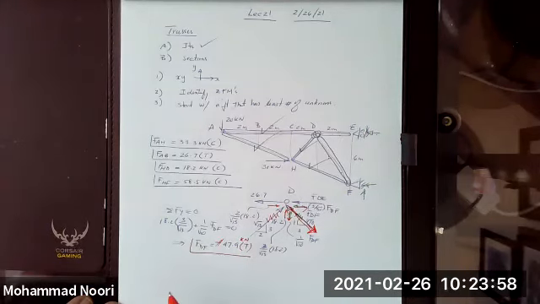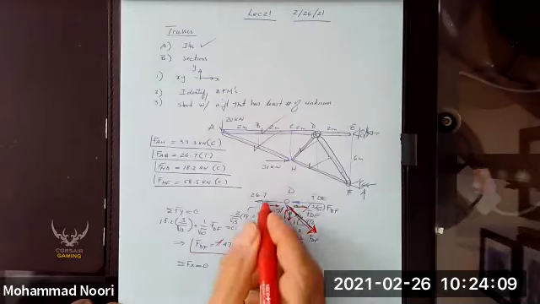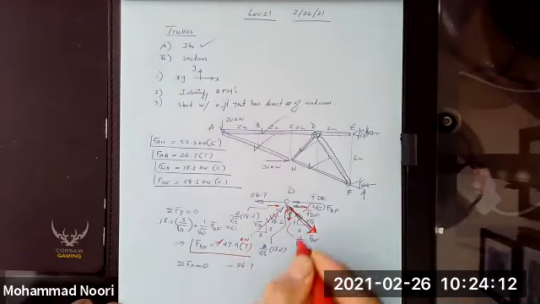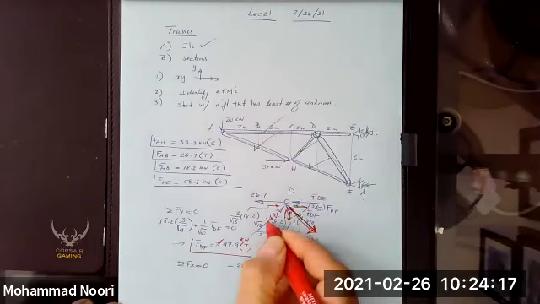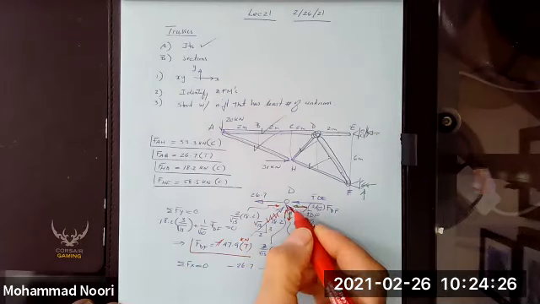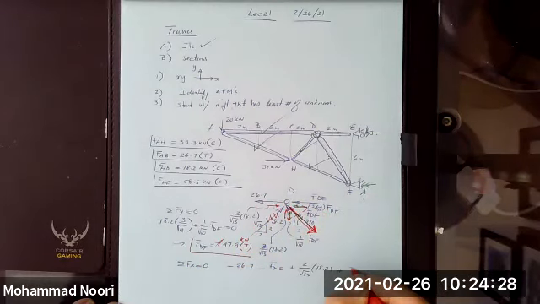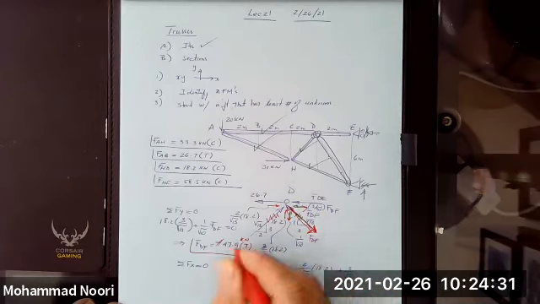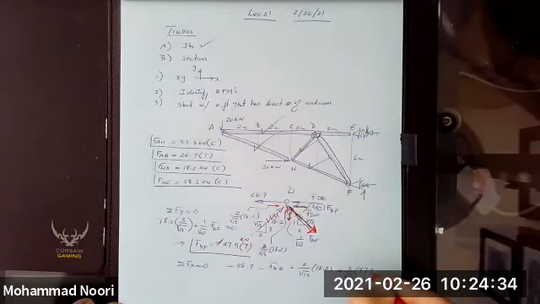Now I have summation of forces along x equal to 0. That would give me negative 26.7 negative F_DE plus 2 over square root 13 times 18.2, plus 3 over square root 10 times 47.9 is equal to 0.